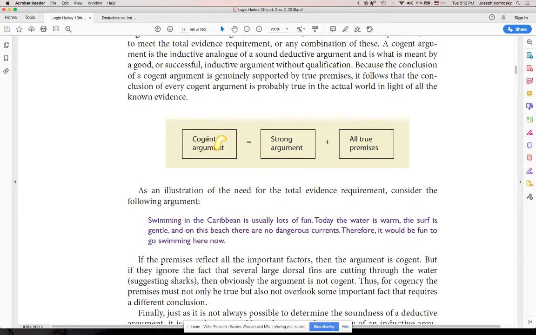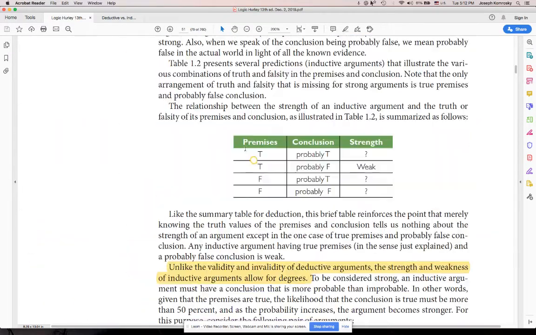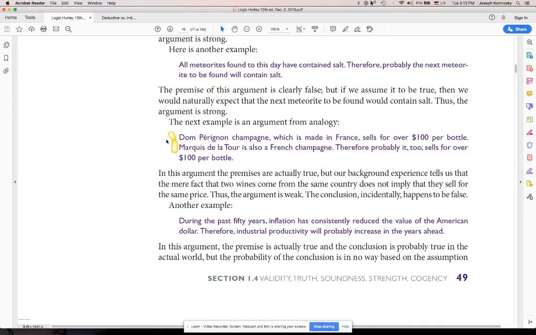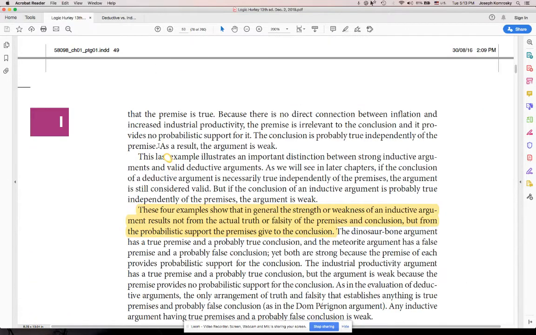Therefore, the whole thing's uncogent. Remember, you have to have both conditions. And in the wine example we just saw, we had one condition, but we did not have the other one. The argument was weak. And what that meant was, just to reiterate one more time, even though you grant both premises true, the conclusion does not follow. And that just means it's weak.